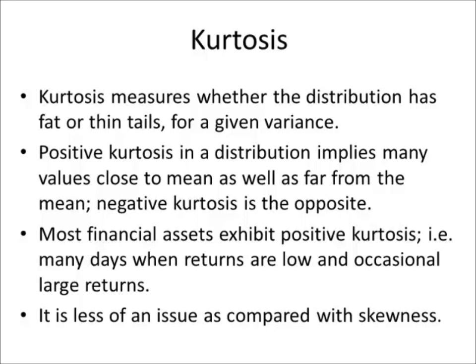Most financial assets exhibit positive kurtosis, and this means that there are many days when returns are low, and there are occasional days when returns are very high. It is less important than skewness because it's not really about asymmetry. With kurtosis, we're looking at symmetrical fat tails or thin tails.